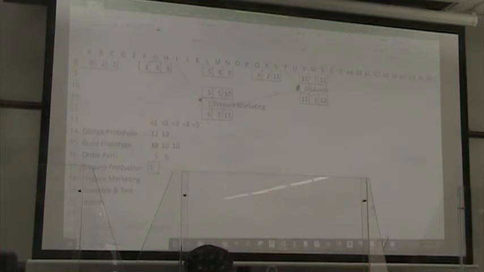Preparing production in week 1, week 2, week 3, and week 4. And preparing marketing in week 1, week 2, none in week 3, but week 4 and week 5. Assemble and test in weeks 1 and 2, and launch in week 1.